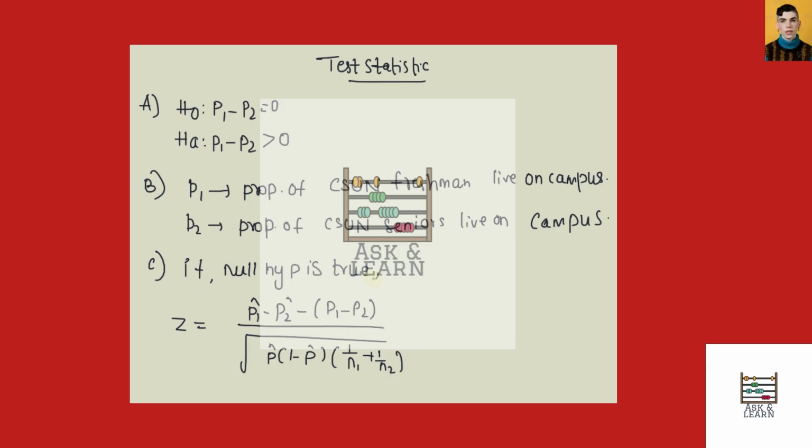So here if null hypothesis is true, that means P1 minus P2 value will be 0. So then we have the formula which is equal to P1 cap minus P2 cap divided by square root of P cap into 1 minus P cap into 1 by N1 plus 1 by N2. So this is the Z value.